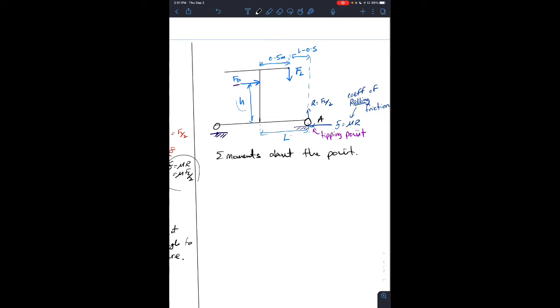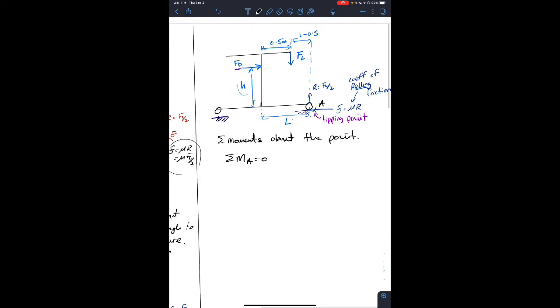We call this tipping point A. So we say moments about A is equal to 0. We start off with the anticlockwise moment, which is FL times the distance, which was L minus 0.5, minus the clockwise moment Fp times h, is equal to 0.